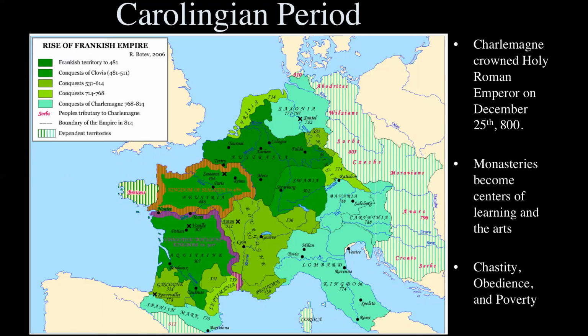And that date wasn't a coincidence. That had become by that time the traditional date of the birth of Christ. So he's associating himself with Christ, just as Justinian had done. But by having himself crowned by the Pope and called Holy Roman Emperor, he's saying, look what I'm doing. I'm continuing the Roman Empire, but in a Christian context.